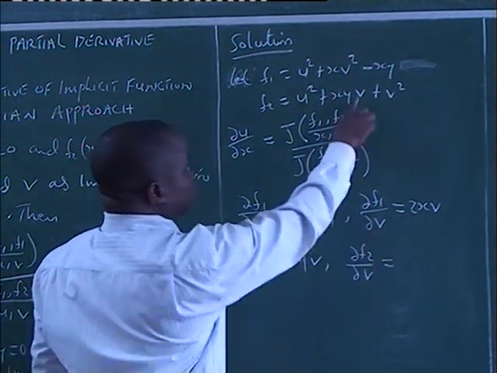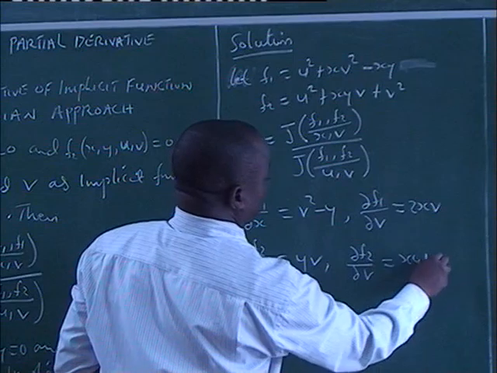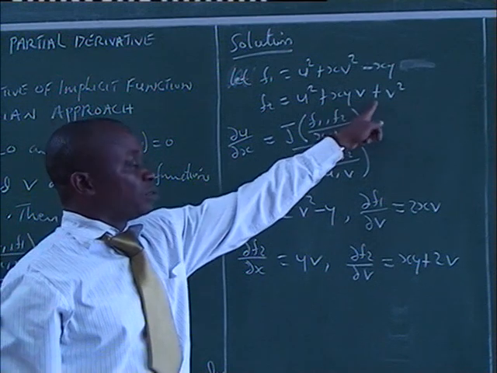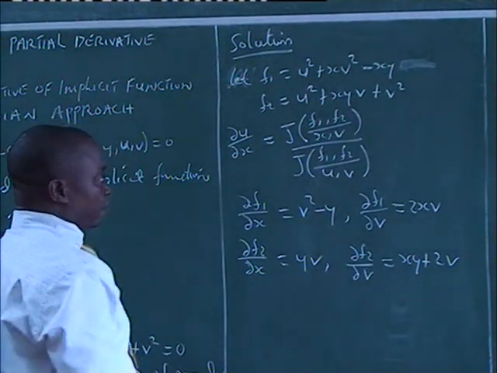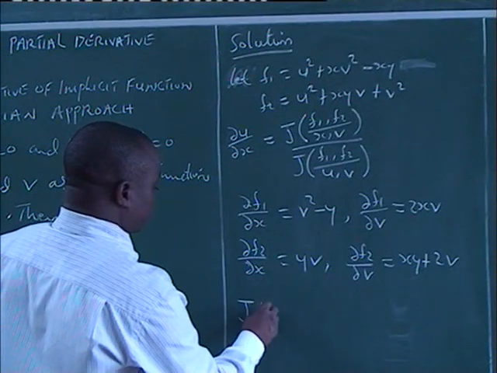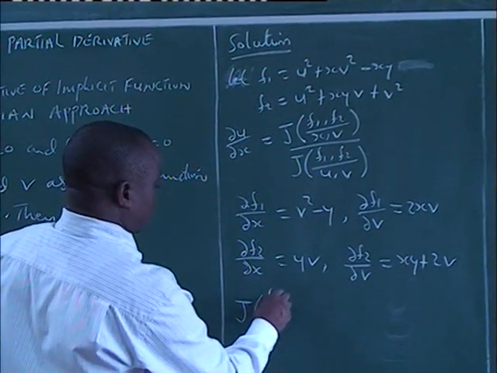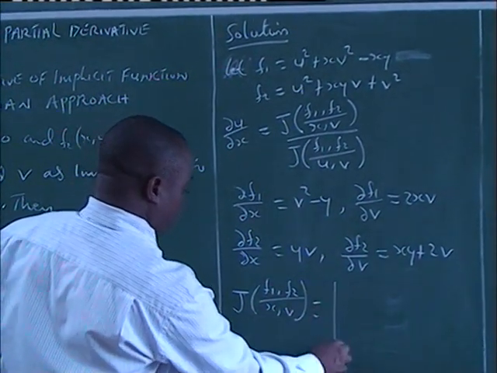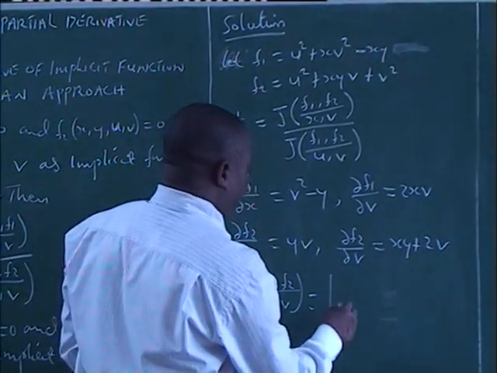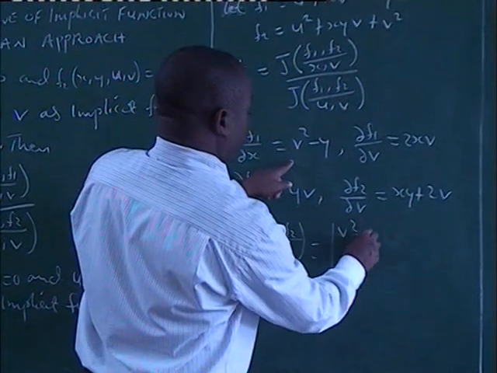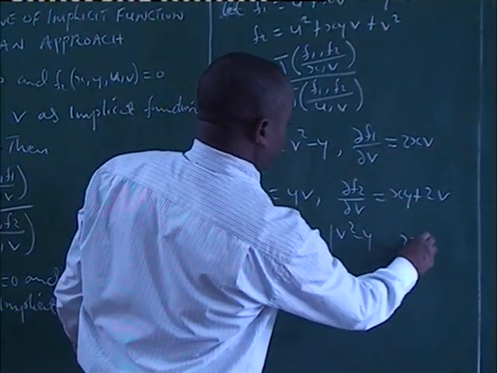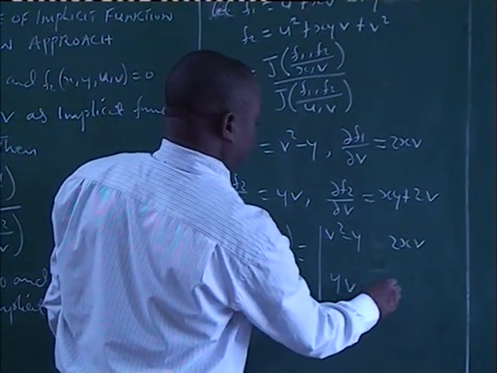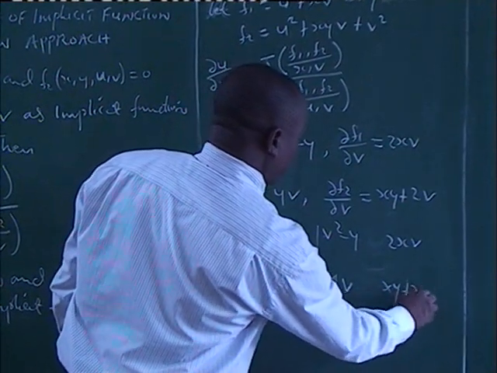It will be equal to xy plus 2v, which means the Jacobian of f1 f2 with respect to x, v will be equal to the second order determinant of v squared minus y, 2xv, then yv, and then xy plus 2v.